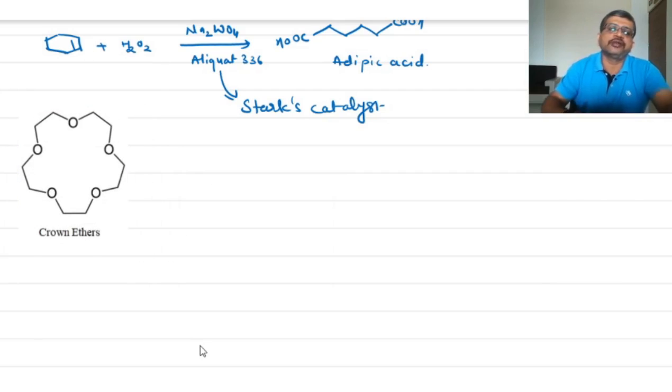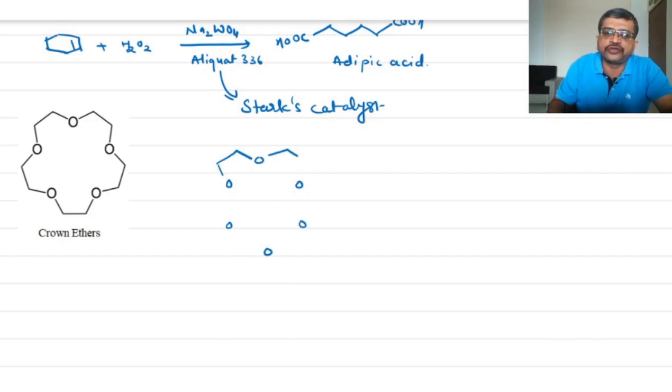Crown ethers are nothing but cyclic ethers. The cyclic ethers can have either 5 oxygens or 6 oxygens. When it has 6 oxygens, this will be called 18 crown 6. Like we have 6 oxygens, we can write it in this way. These are easy to construct.